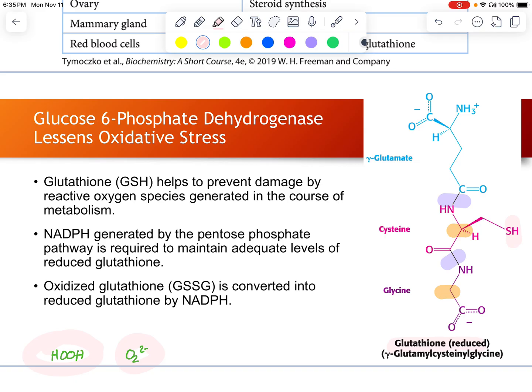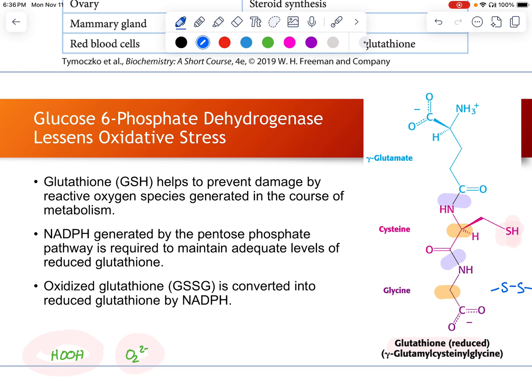But it only works when it has these electrons here. It does not work when it is dimerized, right? So we had our sulfur and then it would be bound to another sulfur. So you'd have two of them. Well, there's no electrons that it has available to give away. So this is the reduced form, and we're going to give away those electrons, and now it will be the oxidized form.